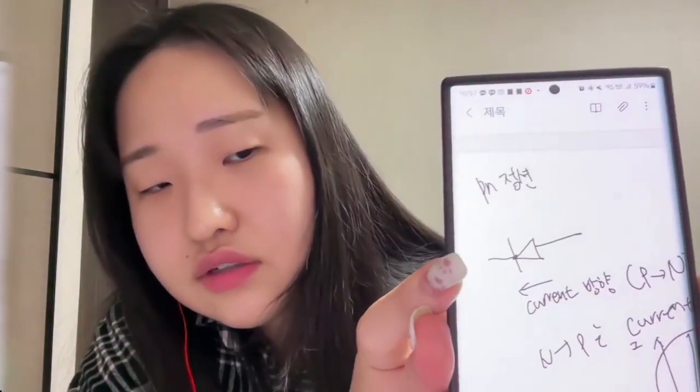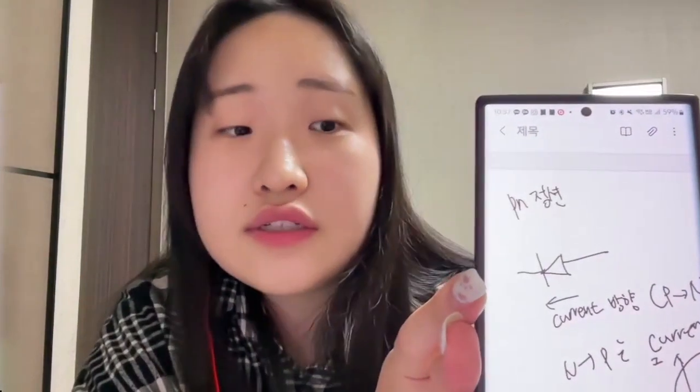Next, I'm going to talk about the PN junction. In the circuit, we draw the PN junction like this, and the current direction is from P to N, and when the direction is N to P, the current will not flow.